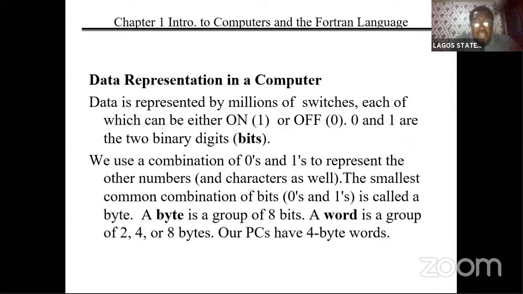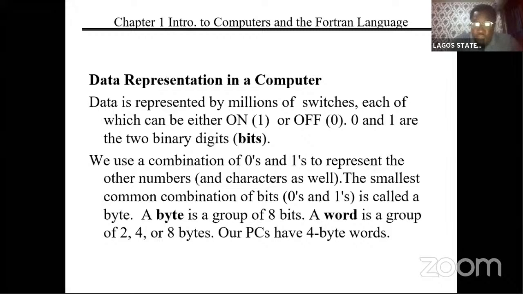So data can be represented by millions of switches. And when you say a switch, it means at a time it can be on, at another time it can be off. So when you have your data represented within your computer framework, it is represented either as an item that is on or an item that is off. If it is on, we say it is represented as 1.